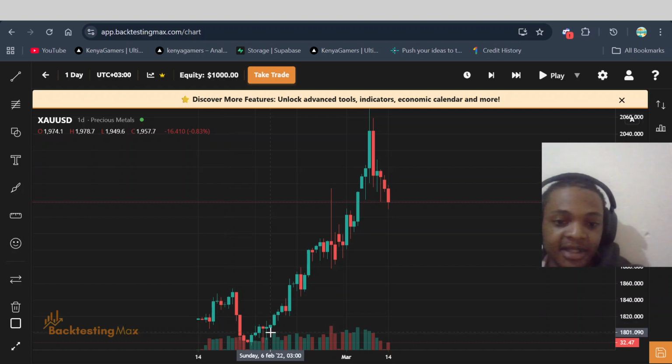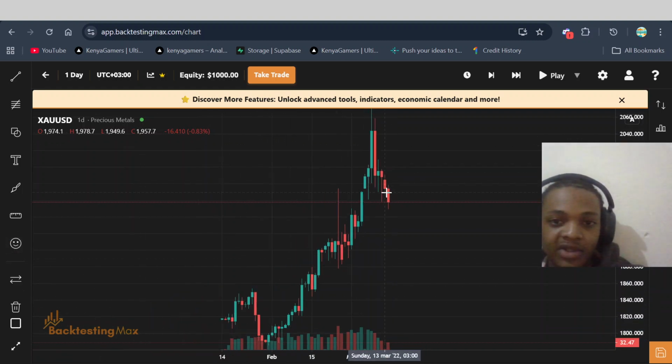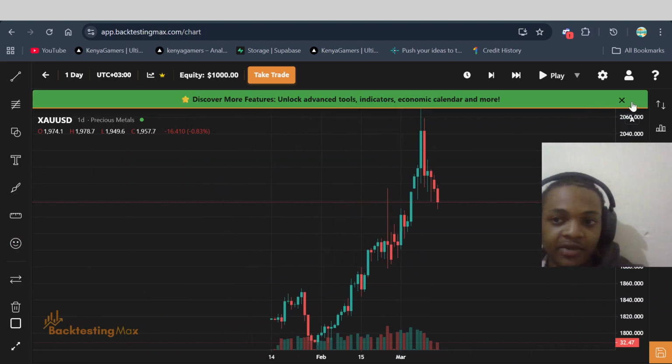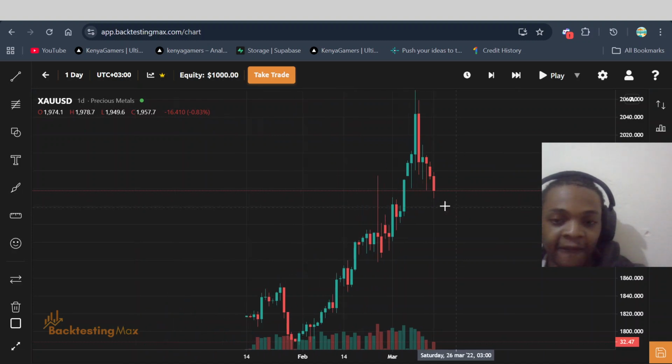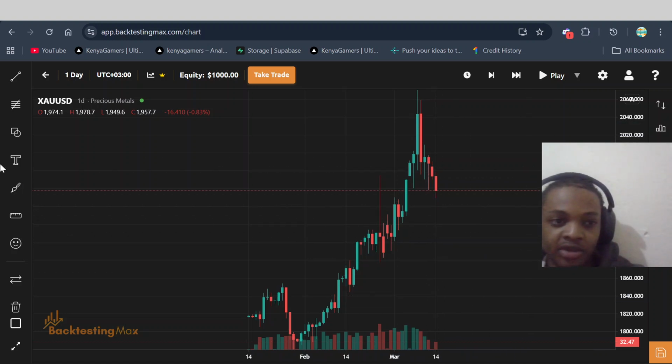So first things first, this is an upward trend that looks like it hit liquidity and is now going back. This is on the daily chart, but will it go back down the same way it came up? Maybe not. It's going to come here, pull back, then go down like this.